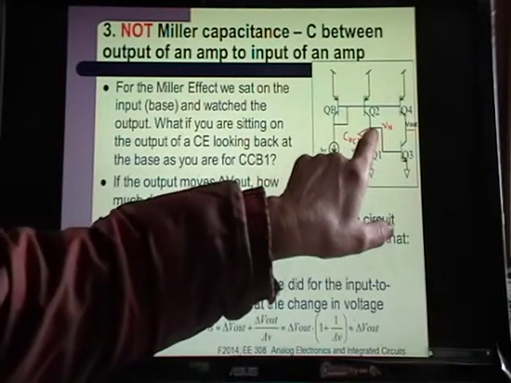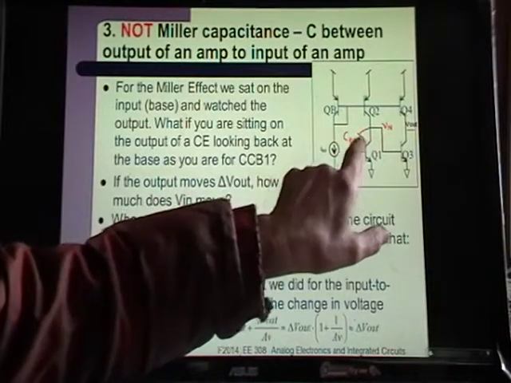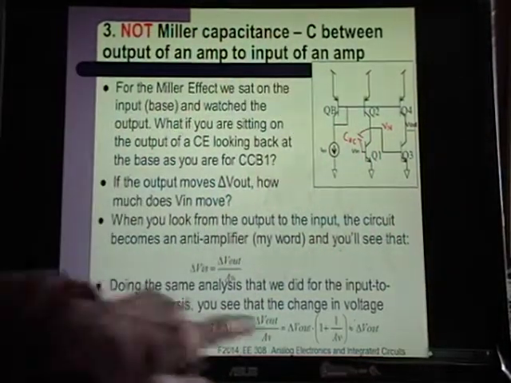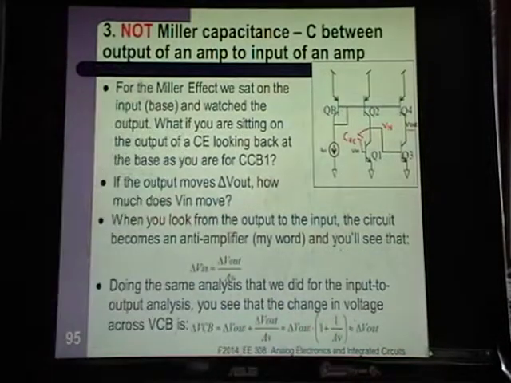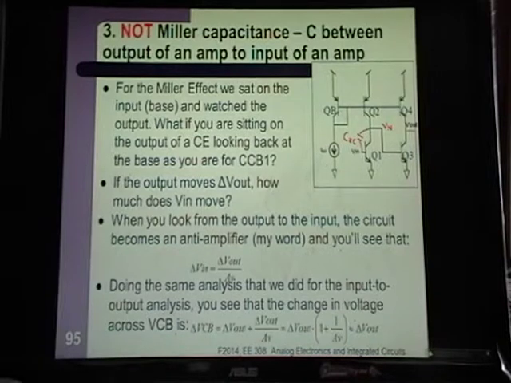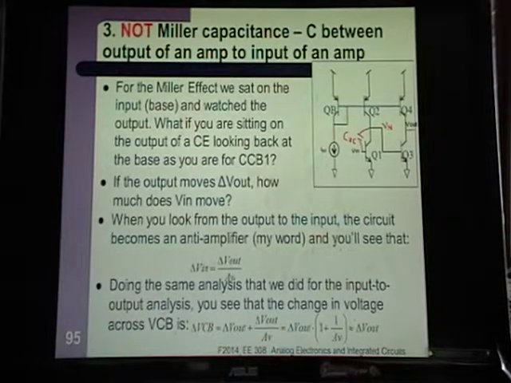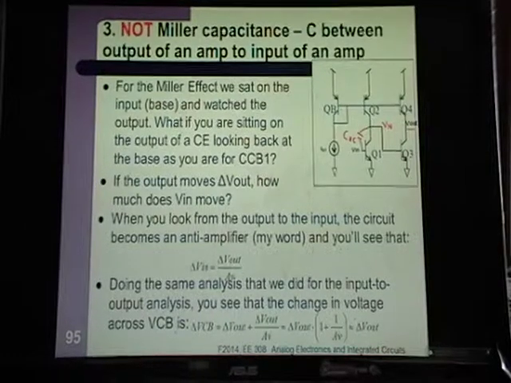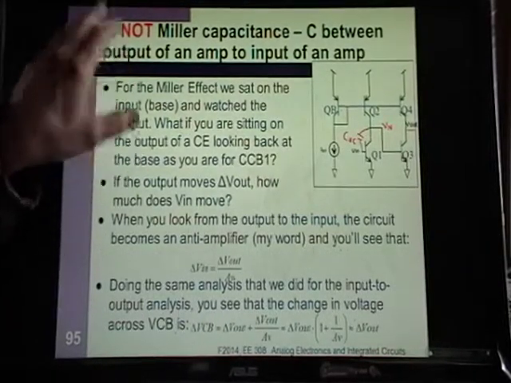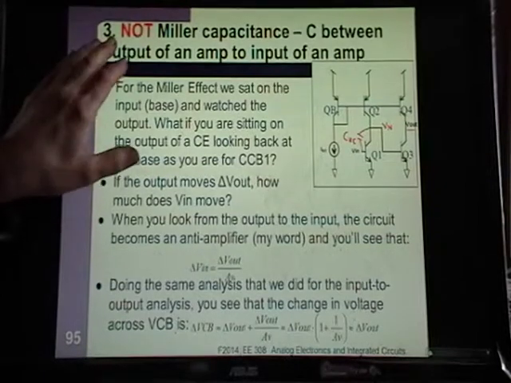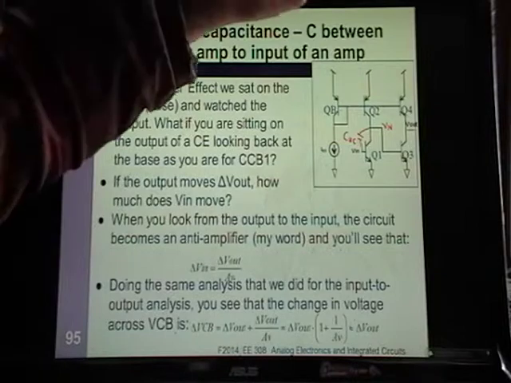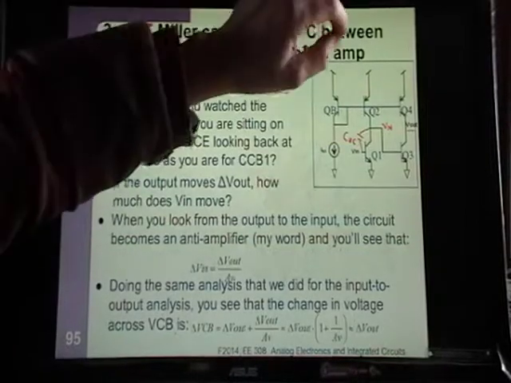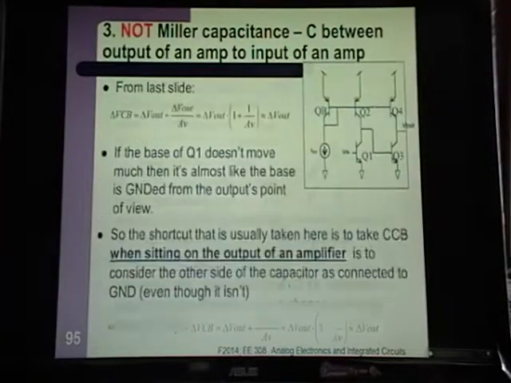So when you add a capacitance to this node, it's just C_BC. Or if you really want to put details in there, the capacitor looks 1 plus 1 over AV bigger than it actually is. Okay, so that's case 3. I have 1, other side connected to ground; 2, from the input of an amplifier to the output of an amplifier; 3, from the output of the amplifier to the input of the amplifier.